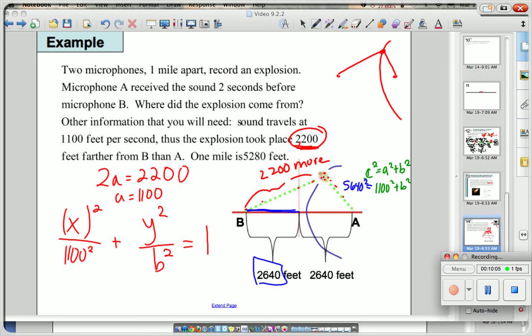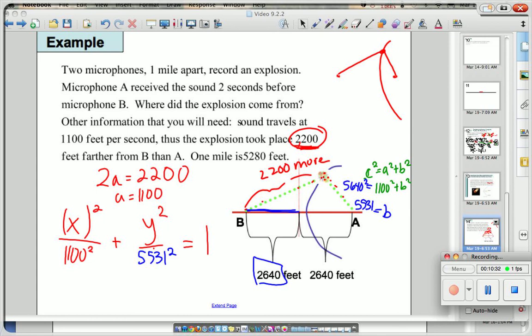I don't want to bore you with solving for b squared, so I did that quickly on my own, and the answer is 5,531 feet. So that's what b is equal to. B squared, of course, is what we want to put underneath the denominator, but I'm just going to round it to 5,531. And then I have a rule describing where that explosion might have taken place.